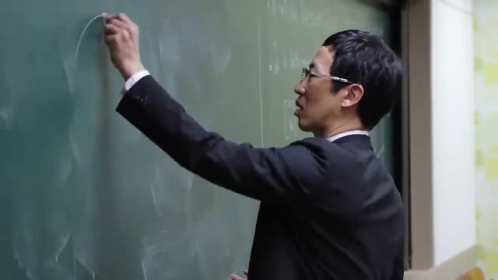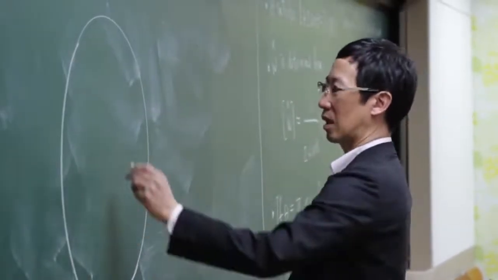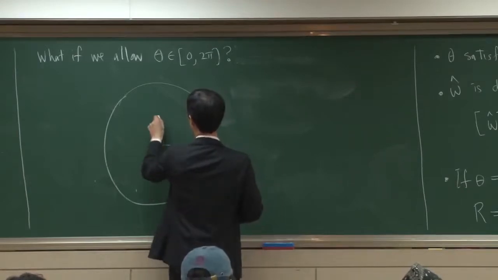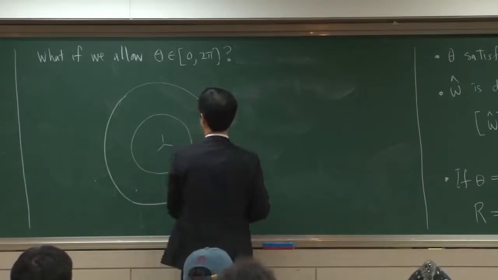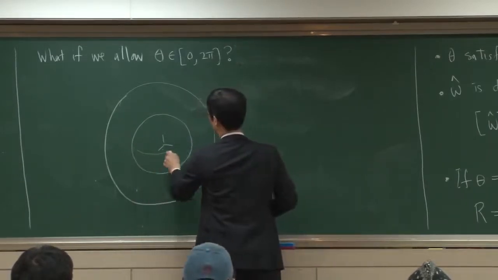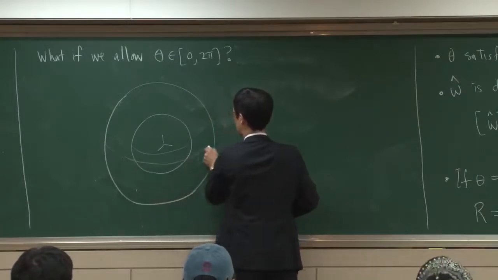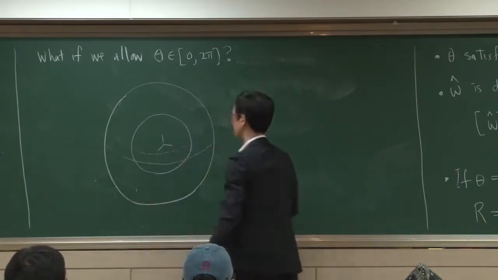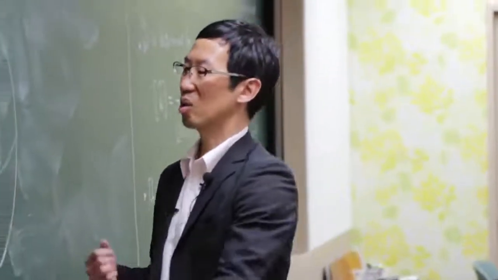Let's draw the ball again. Here's the center. I'll draw another ball in the middle. So it's a solid ball of radius 2 pi.